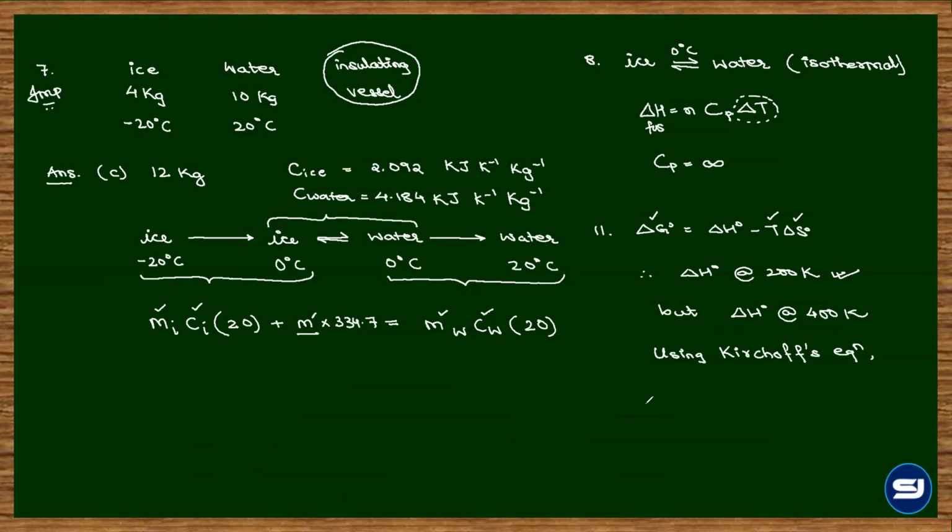Kirchhoff's equation gives you the enthalpy change at two different temperatures, and the relation was delta H2 minus delta H1 is equal to delta Cp into T2 minus T1. याद रखो, when you are comparing the enthalpies at two different temperatures with the change in the heat capacity given, then you can use Kirchhoff's equation. तो ये आपको ढूंढना है. Delta H1 at 200 Kelvin is found, difference is 200, and delta Cp is given. Understood? Yes, sir.